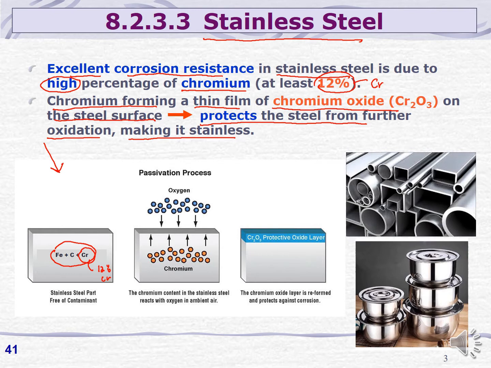Then when this stainless steel part is exposed to the ambient air, the stainless steel surface will react with the oxygen in the ambient air. This reaction will produce a very thin protection layer, which is the chromium oxide layer.